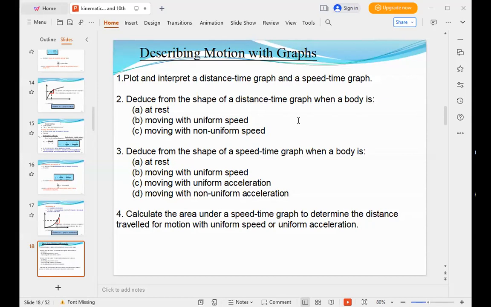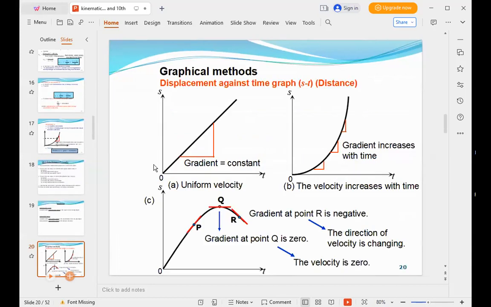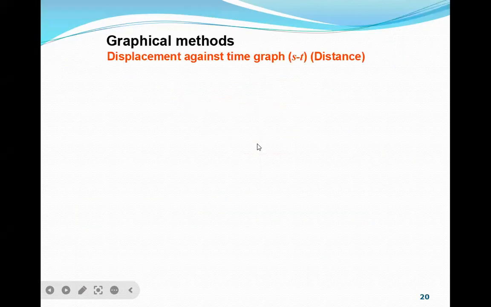So here we discuss how we recognize the graph. For example, in the displacement time graph, I have a situation.